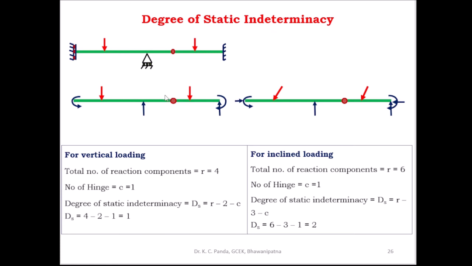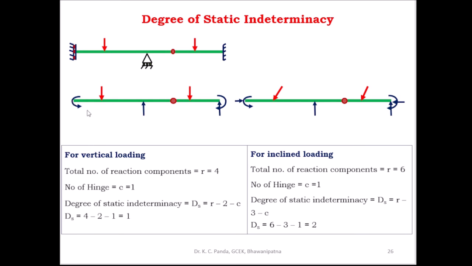Here also you have to find out the degree of static indeterminacy when the beam is subjected to vertical loading or inclined loading. So when the beam is subjected to vertical loading, at the sliding support there is no horizontal reaction, and at the fixed support there is also no horizontal reaction, only the vertical reaction and the moment acting at the fixed support, and at the sliding support only a moment is acting, and at the roller support there is only a vertical reaction component.